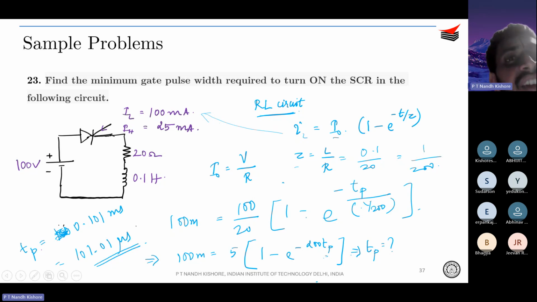Can anyone kindly answer, please, if this is okay, or if you are understanding this, even if you have not been able to solve the answer? Are you understanding how I did this? This is just an RL circuit. Or if you want me to pause for 2 minutes or so, I can pause, and then we can go ahead with the next question.